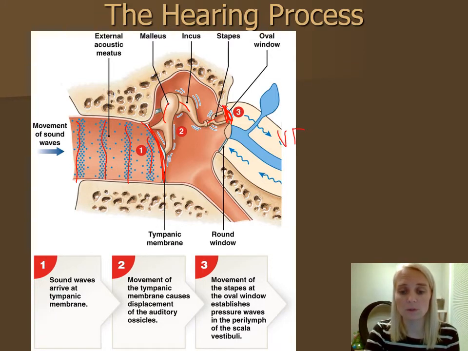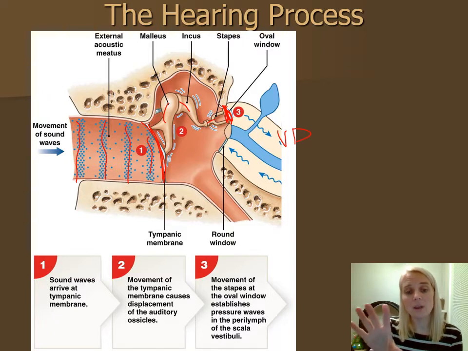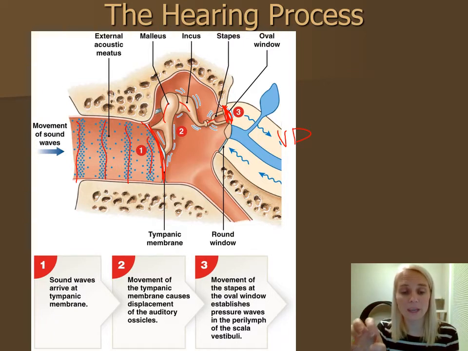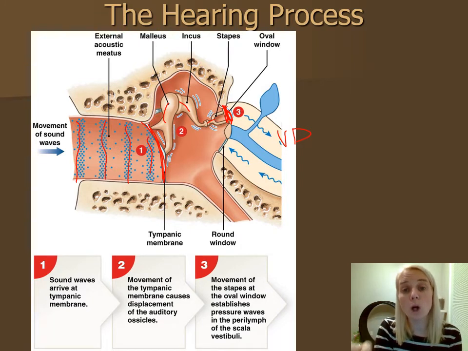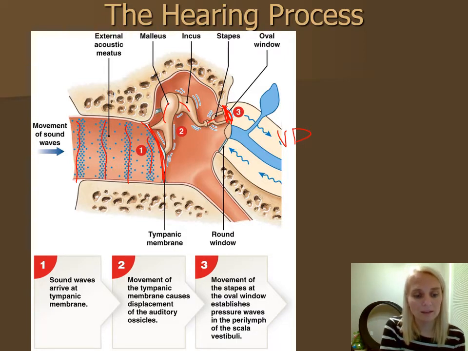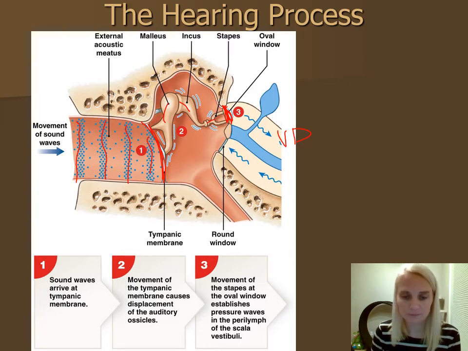So the vestibular duct is on top. And now we have an air wave converted to a mechanical wave, which is like a little hydraulic pump that's moving back and forth, creating a hydraulic pressure wave, this fluid pressure wave in the vestibular duct. Okay, so that's what's happening, kind of steps 1, 2, 3.